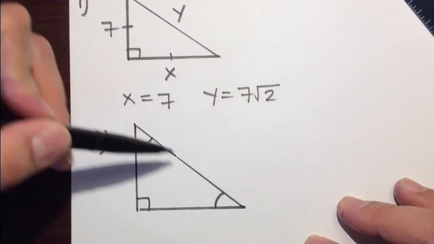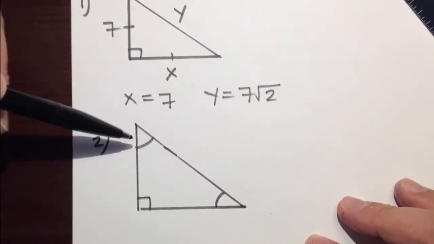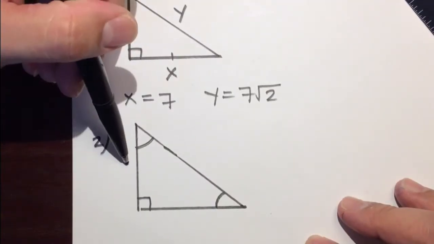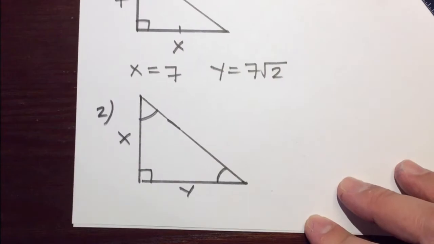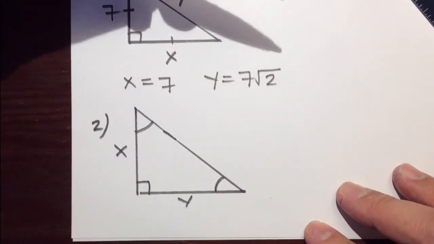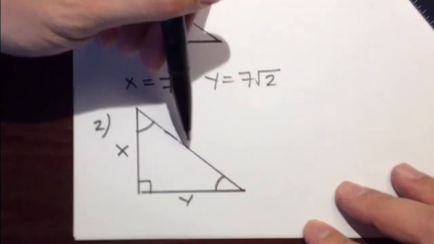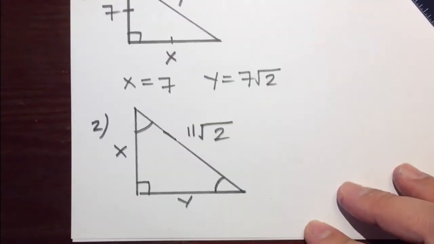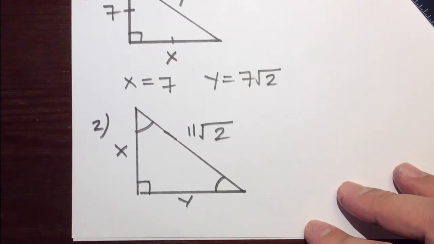So its base angles are only found in isosceles triangles. So it's an isosceles right triangle. And let's make this side x, let's make this side y, and let's make this side 11 radical 2. All right, press pause. Write down the answer. Okay, unpause.